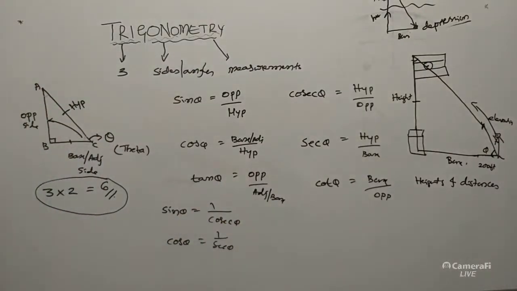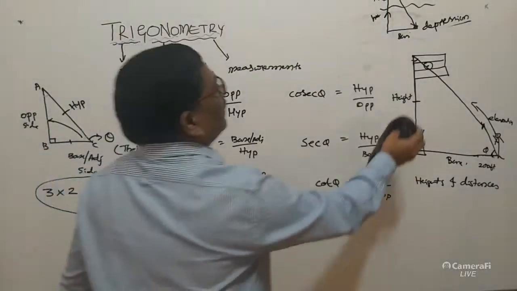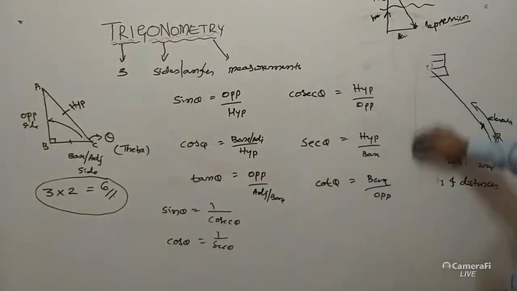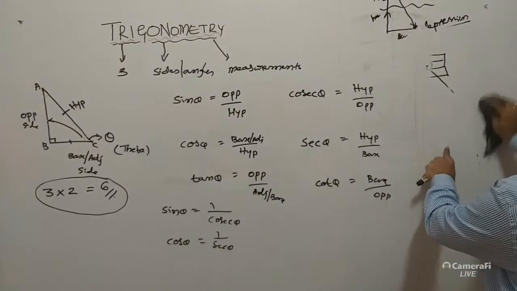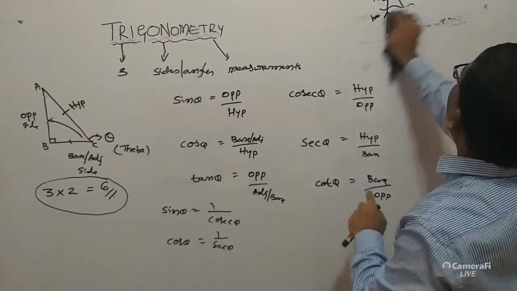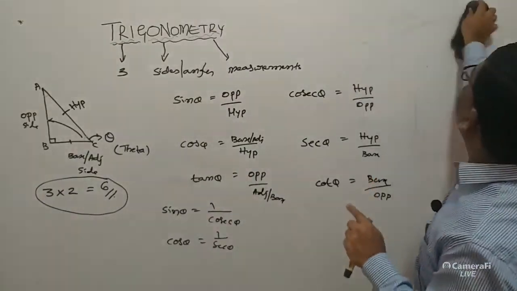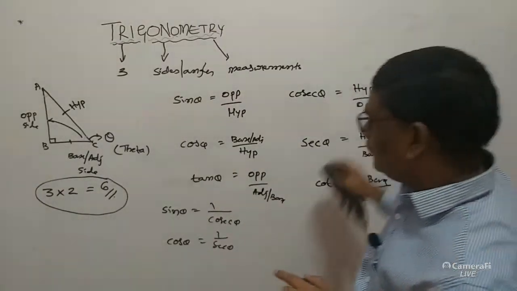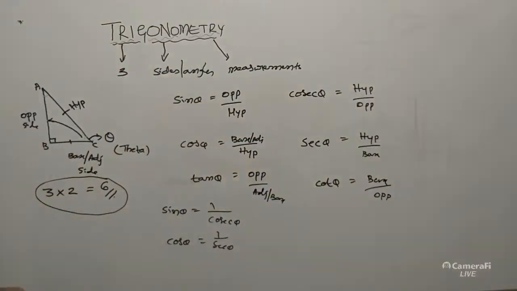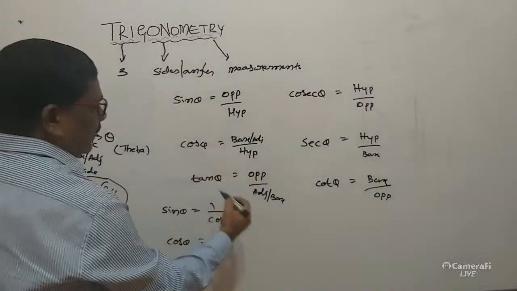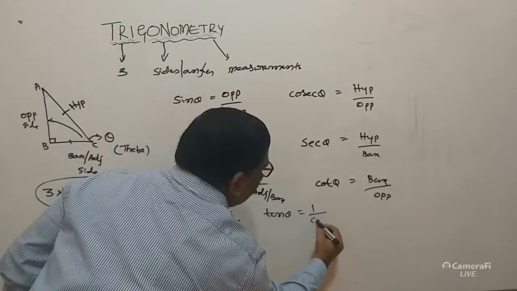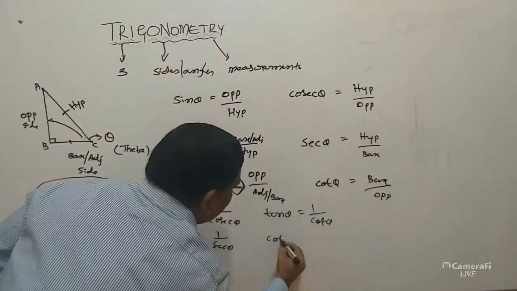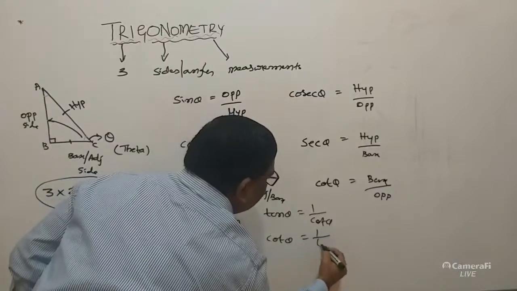Similarly, I will write the reciprocal relations. Look at tan theta, it can be written as 1 by cot theta, and cot theta can be written as 1 by tan theta.